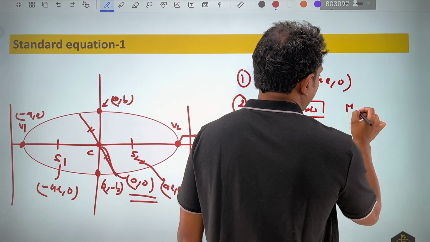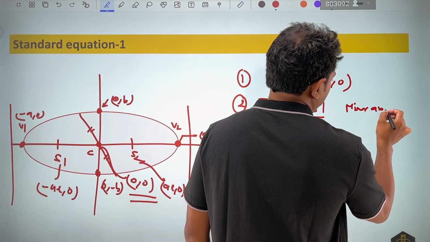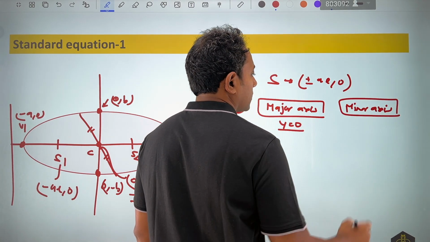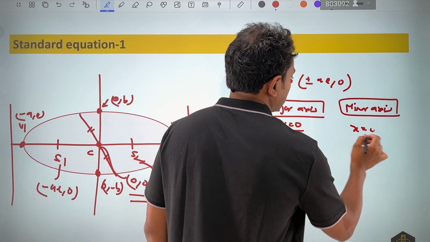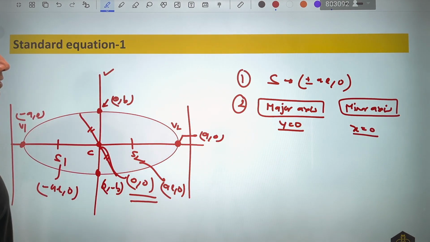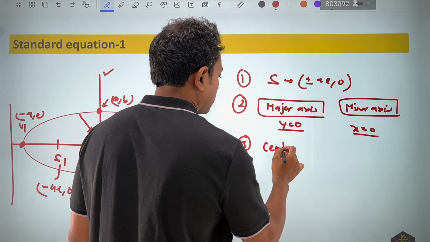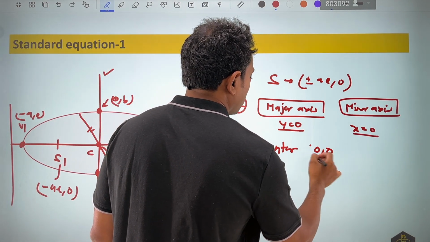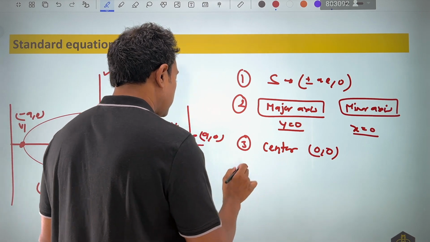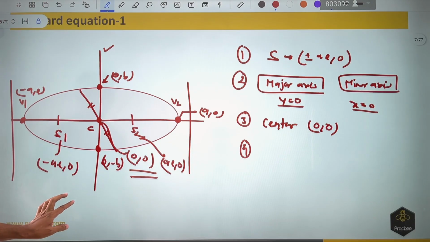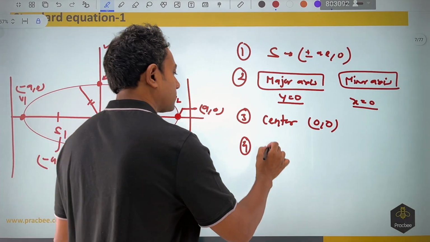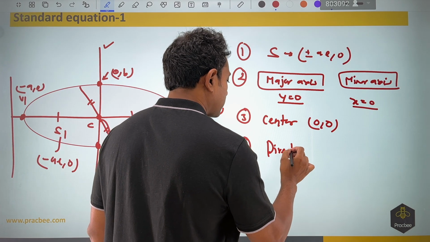If I look into minor axis, the equation will be nothing but x equal to 0, and it is nothing but this axis that we have denoted here. The coordinates of center are nothing but 0, 0. Fourth idea would be, we will talk about directrix. So there are again two directrix.